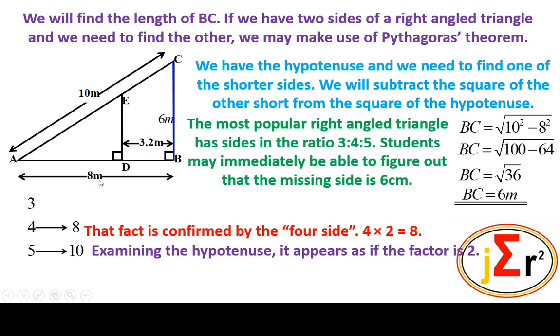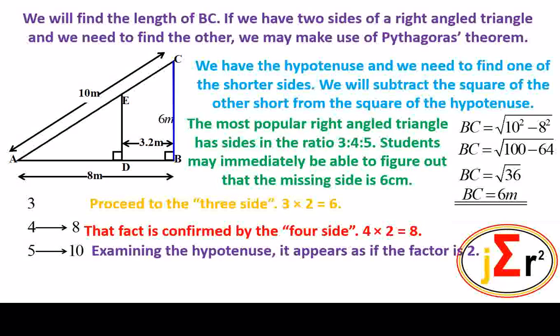Therefore, we have no difficulty seeing that what we should do is take this 3 and multiply by 2 in order to find the length of the remaining side. We will proceed to this 3 side and 3 times 2, because the factor linking the ratio to the actual sides of the triangle is 2. 3 times 2 is 6.